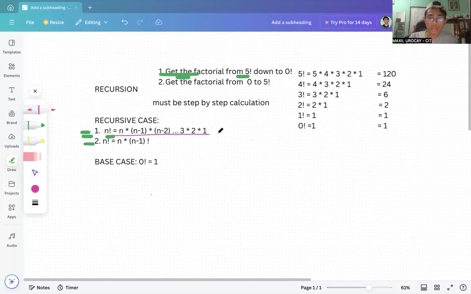So for this recursive case, this will be the problem.